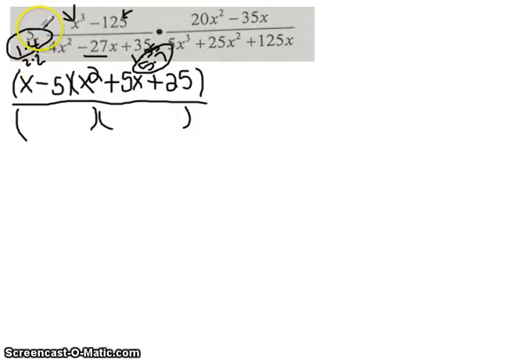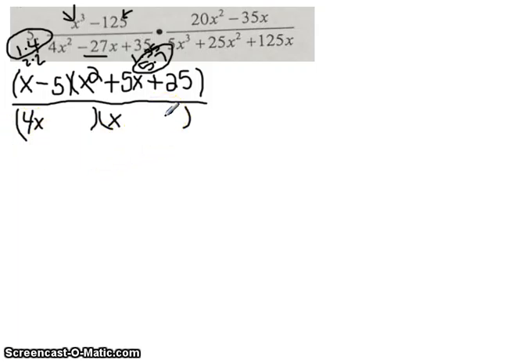So, using these two terms as the first terms for the two binomials, I have 4x, and I have x. And using the fact that if I were to try to multiply these two binomials back together, I'd do first terms, which would give me 4x squared, outside terms.